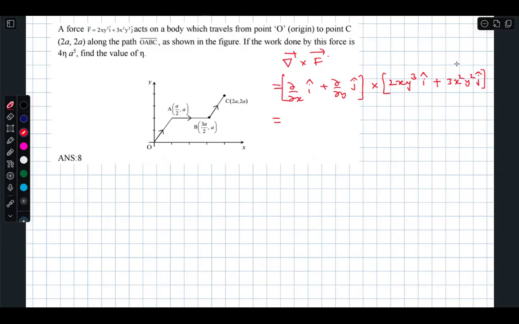Taking this term in differentiation you will get 6x y square, minus, taking this term you will get 6x y square, k cap, which is 0. So this is a conservative force.